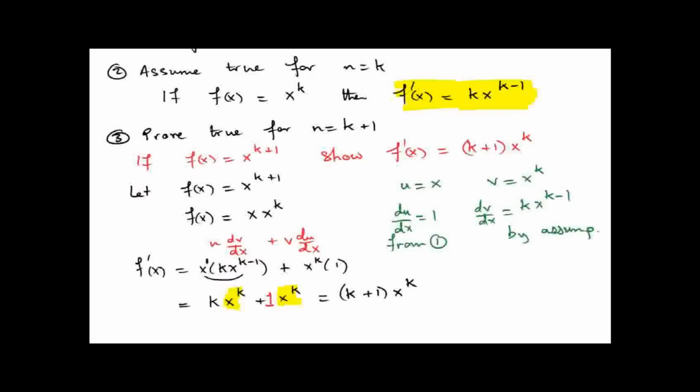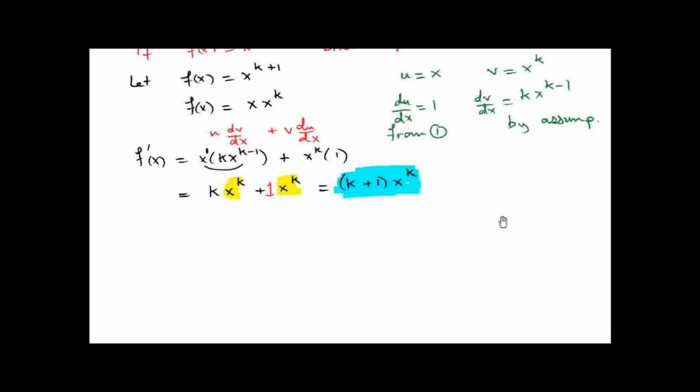And the good news is, look up here, and look down here. What do you notice? What we wanted to get, we've gotten. Is that okay? Oh, sorry, looked at the wrong one. Sorry, this one here. K plus 1 by x to the power of k, k plus 1 by x to the power of k. We got exactly what we wanted to get. So what's the consequence? What's our conclusion? How do we phrase it again?